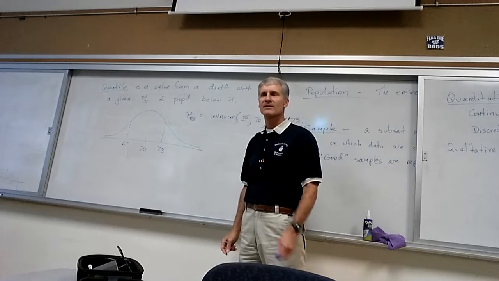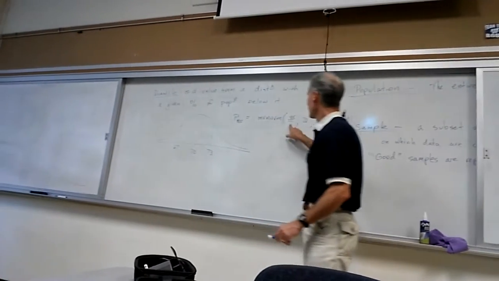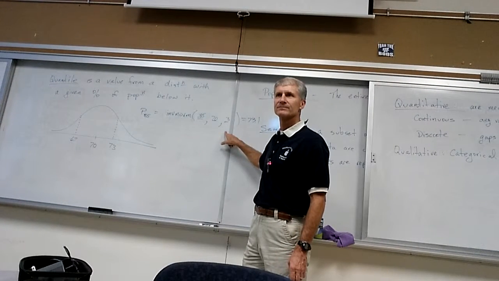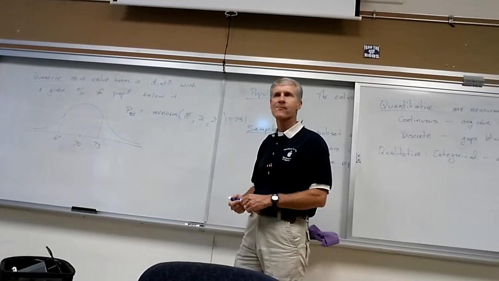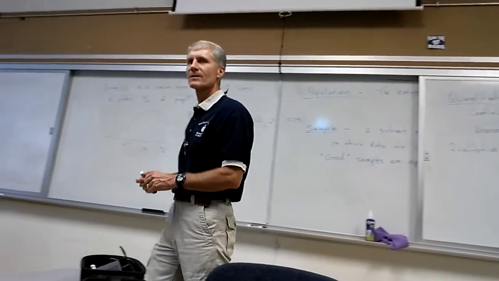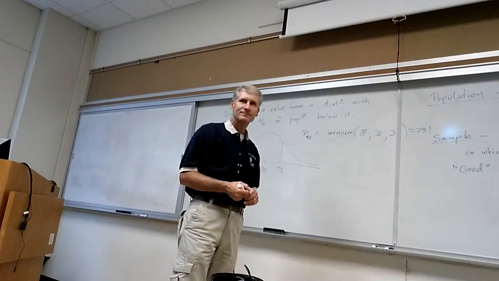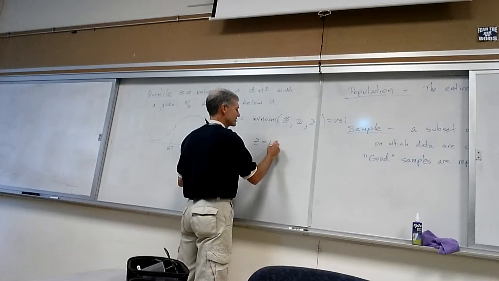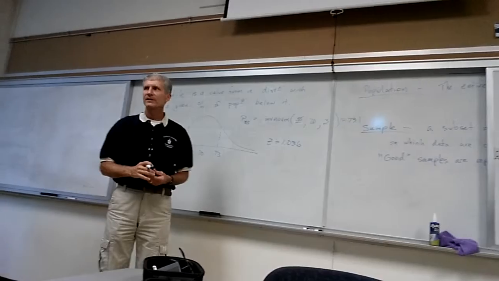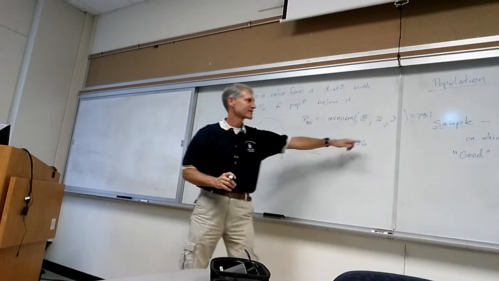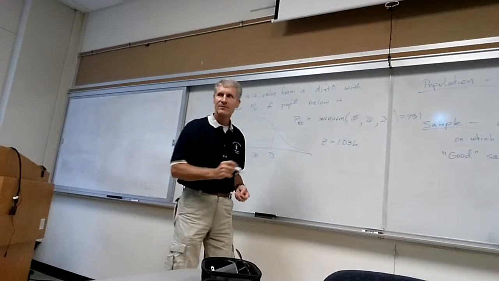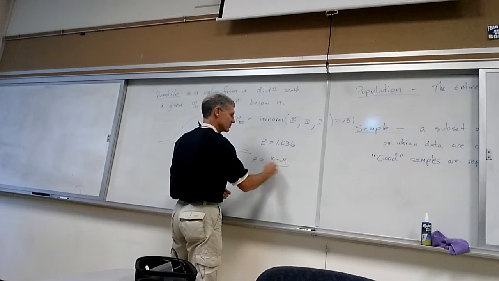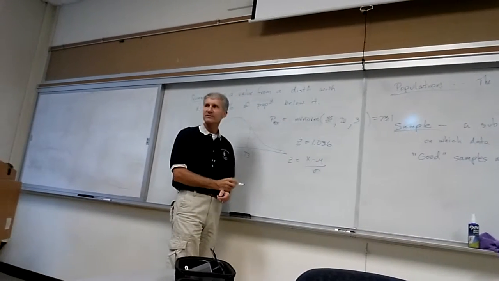All right? So do that real quick. Do inverse norm 0.85 but with 0 and 1 instead of 70 and 3. You got it? 1.036. 1.036. Okay. Now, how did you back that out to get to 73.1? Okay. So z is defined as x minus mu over sigma. So solve for x.